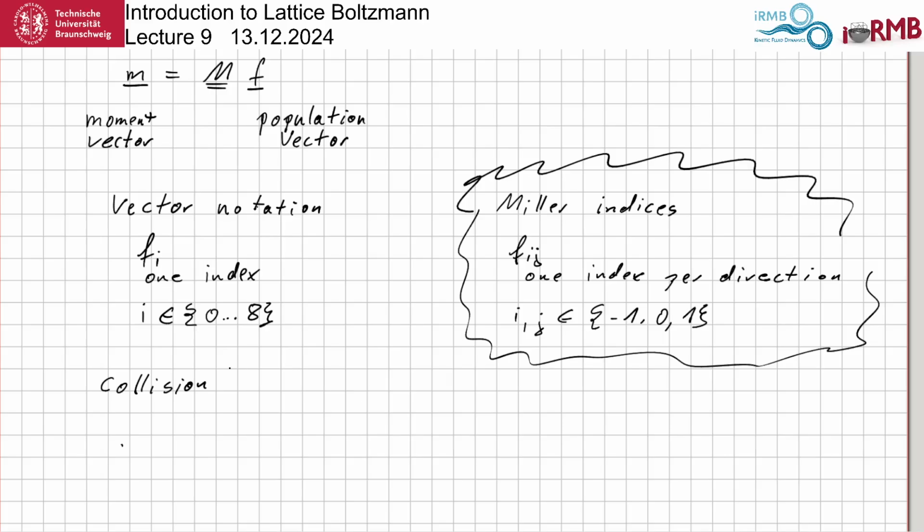You have M after the collision equals M before the collision plus a collision matrix times a vector of equilibrium moments minus M, the incoming moment, and this matrix with the relaxation rates is a diagonal matrix.